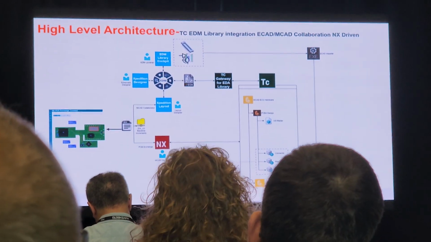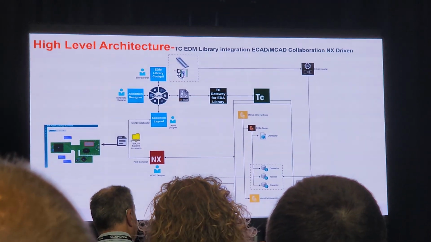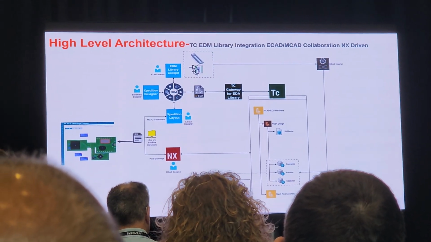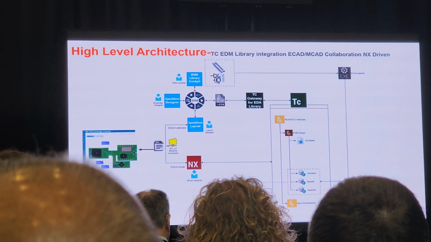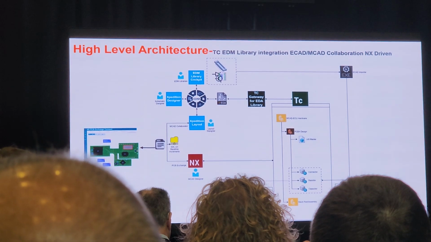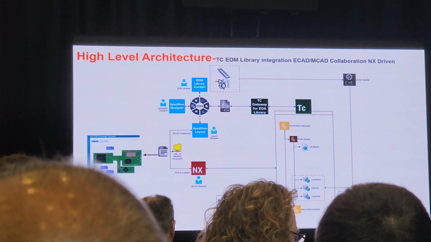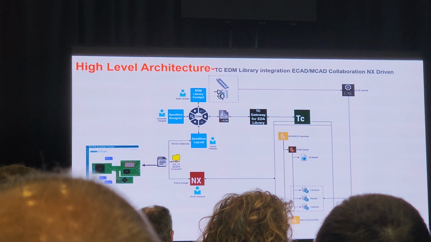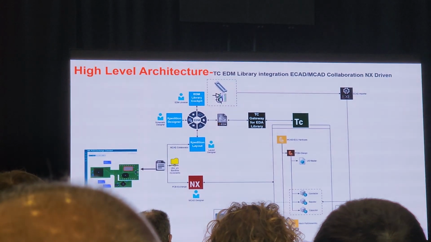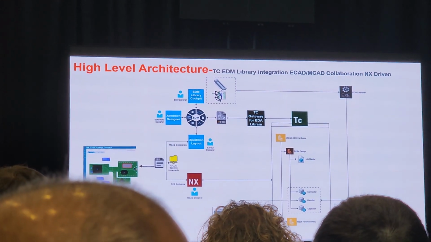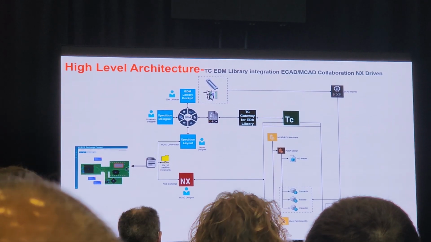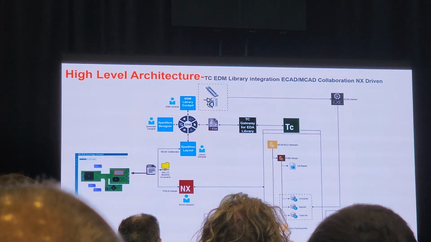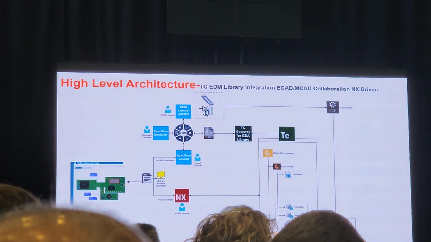So we use what we call XML mapping, making sure that your properties in EDM are mapped to your properties in Teamcenter in a way that when a component is pushed from EDM to Teamcenter, the component will be not just automatically created, but also automatically classified with the right classification attributes. And at this stage, you will end up with a component in Teamcenter only having the metadata, properly classified.